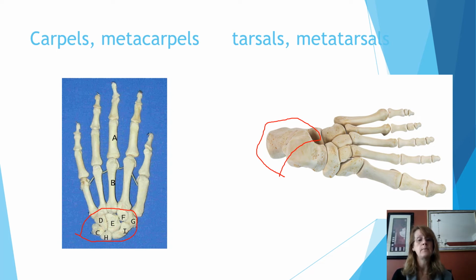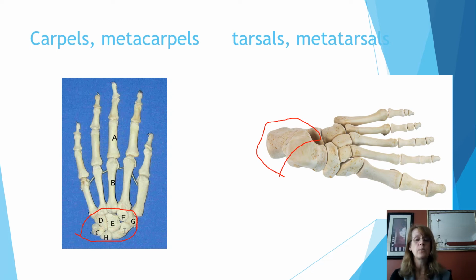And so you can see why I'm doing the hands and the feet together, because they're very, very similar. Remember, our four-legged friends, our ancestors, probably walked on all fours if you follow evolution. And so it makes sense that our hands and feet are very similar to each other. Now, like I mentioned, you have 8 carpals per wrist.